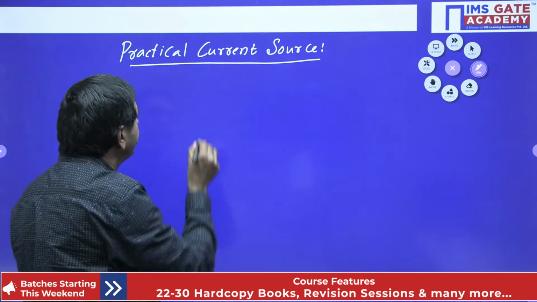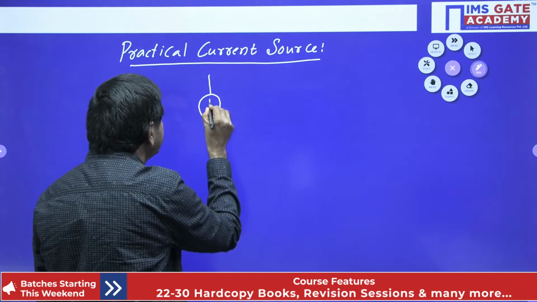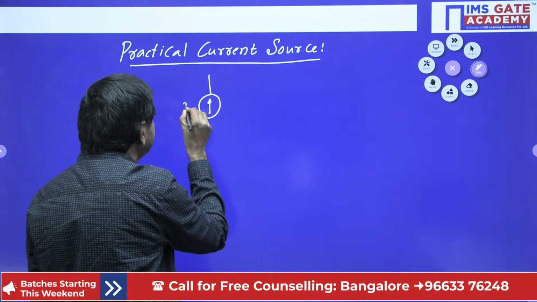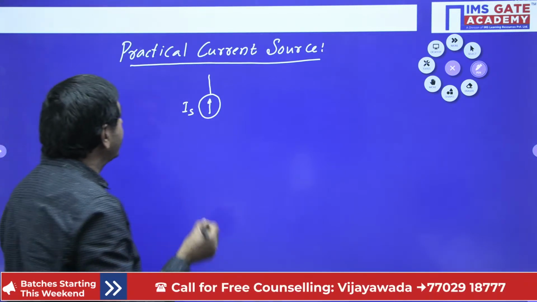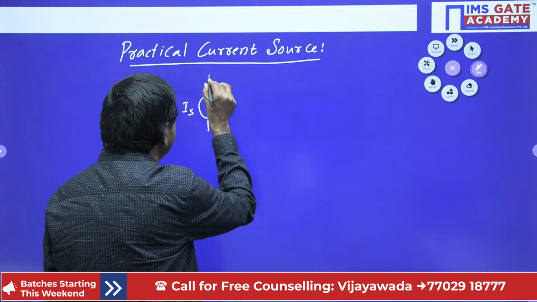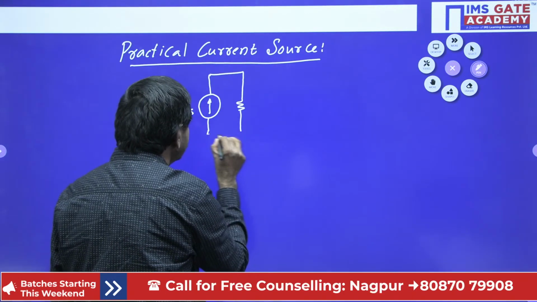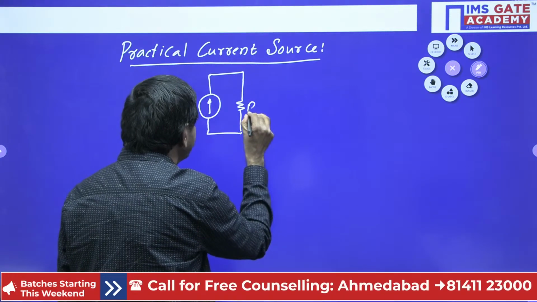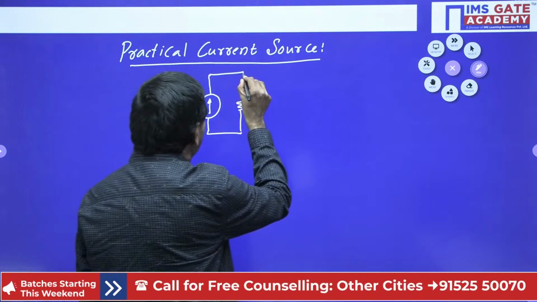There is a source current IS. This IS must be connected parallel to a resistance. That resistance is nothing but the internal resistance of the source, RS. And this must be connected parallel to the load.